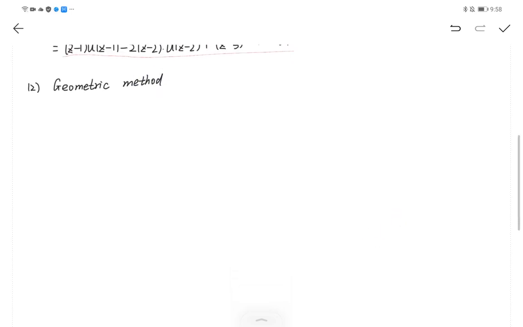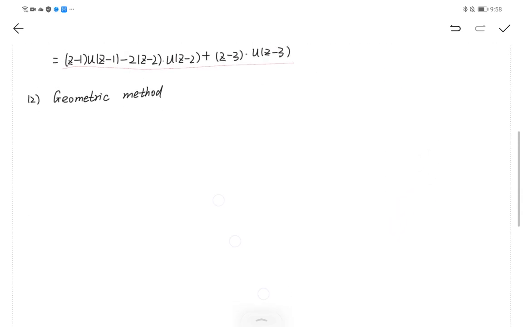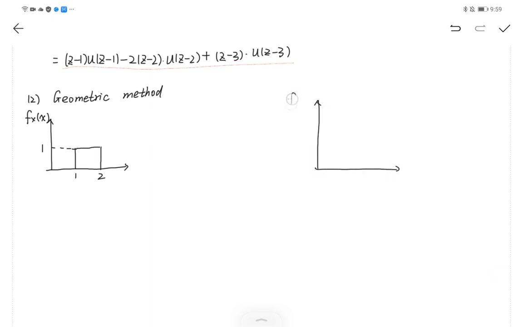For the geometric method, the graph of f_X is this, from 1 to 2, and this height is 1. And for y, f_Y is like this.